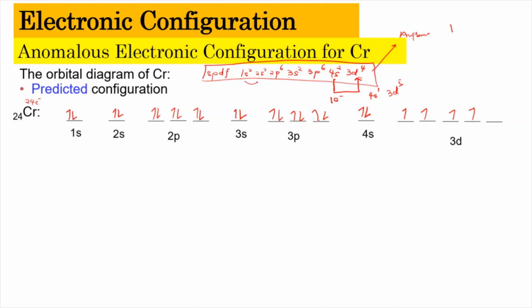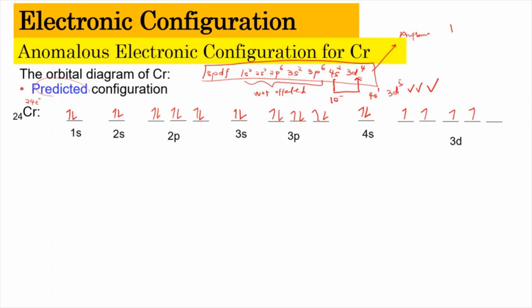The other part is not affected. So this is what we predicted it to be, but in actuality, one of the electrons is transferred, giving 3d5, and this is the actual and correct configuration for chromium.